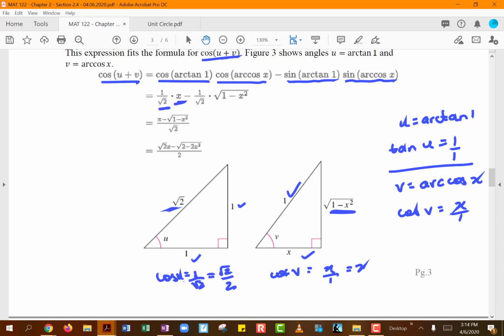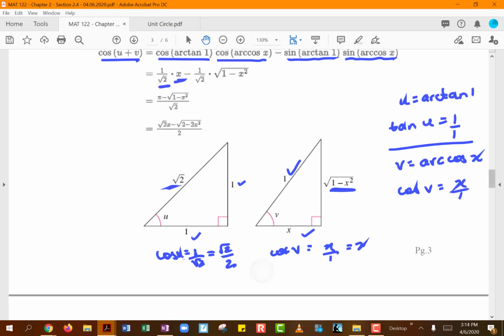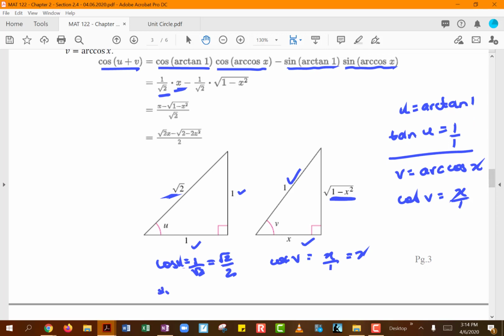Right? And then of course using that same idea, you can do sine of u. Sine would be opposite over hypotenuse, so that's going to be 1 divided by square root of 2, so this guy again. And then for your second triangle, if you try to find out sine of v, it would be square root of 1 minus x squared over 1, which is basically just square root of 1 minus x squared.